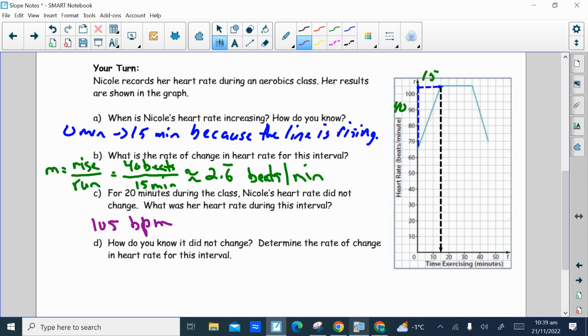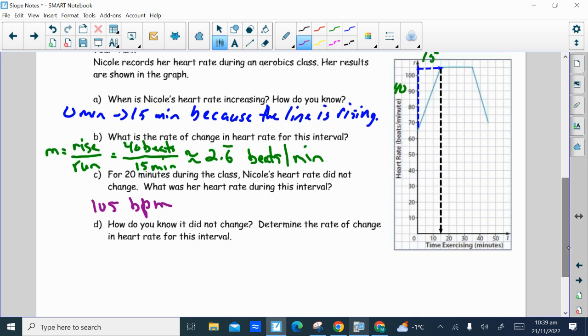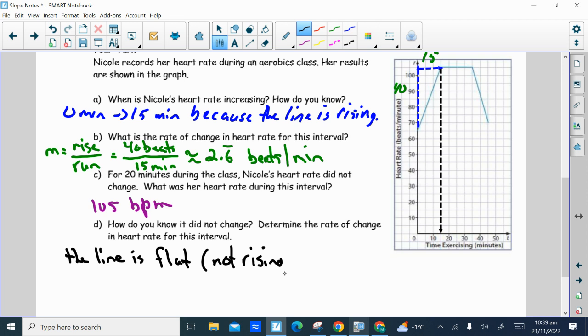Well, because the line is flat. It's not rising or lowering. In other words, the line is flat, not rising or lowering. That's how we know.